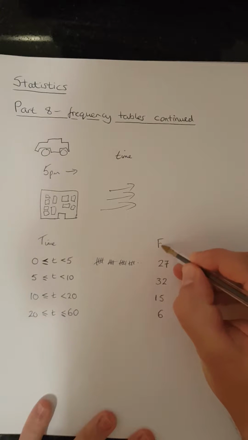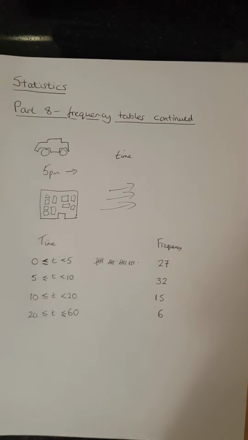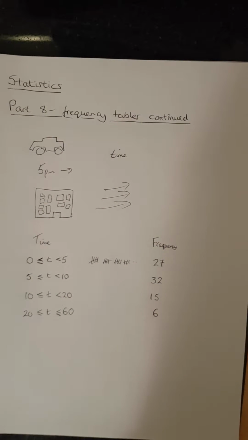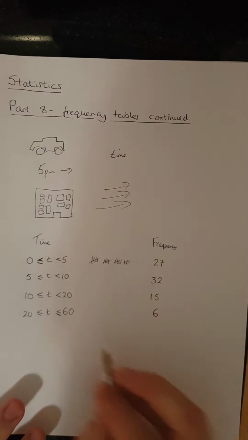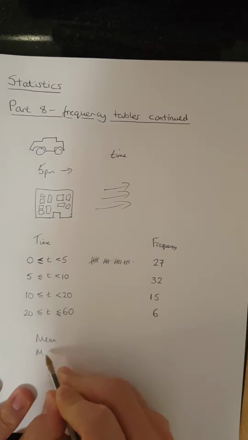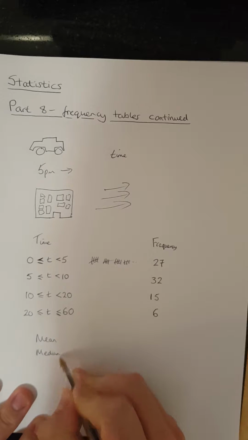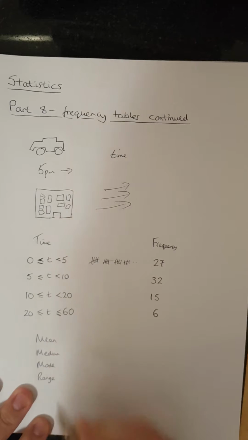So, can we now investigate this data? What can we find out in this information? So, you know the 4 things we're looking at normally: mean, median, mode, and range.